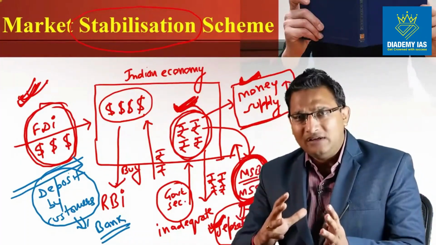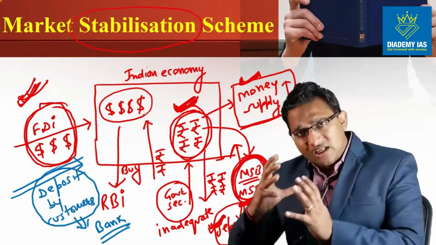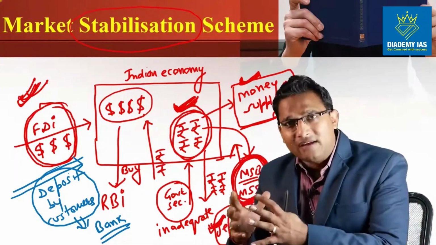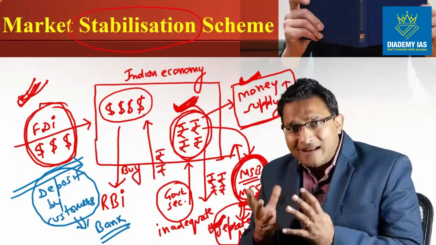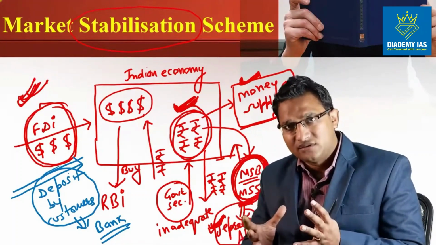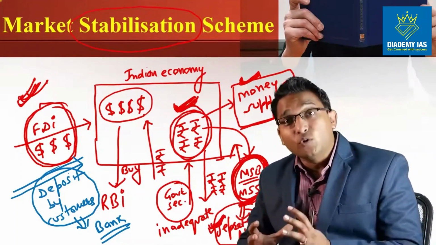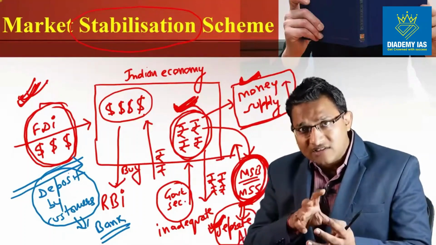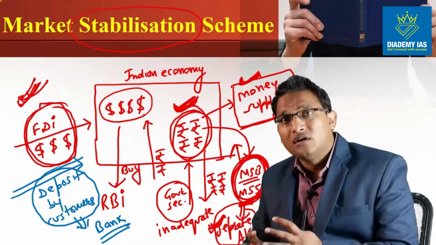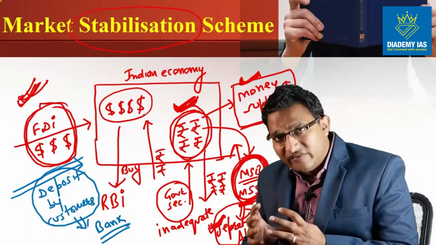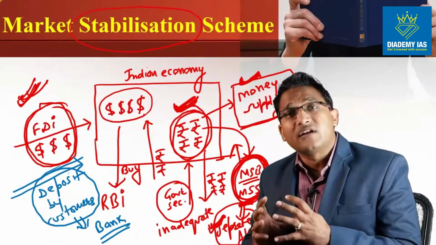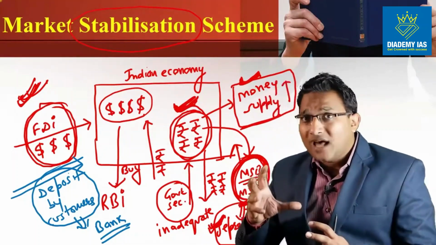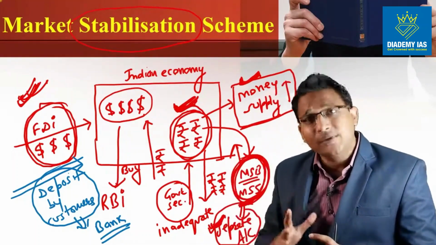So all the money which banks are giving to the RBI, the banks are not getting any interest. However, they have to pay interest to the customer, right? Because once the customer deposits into the savings bank account, the deposit rate has to be given. But banks are not getting the return from the RBI.